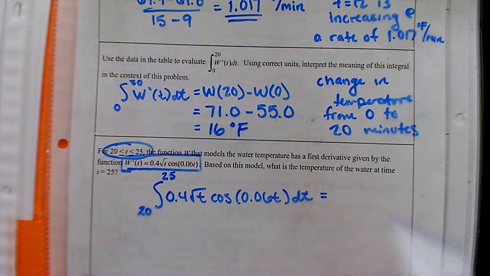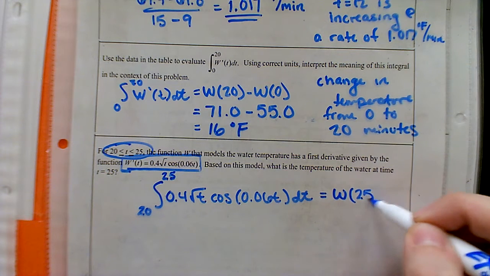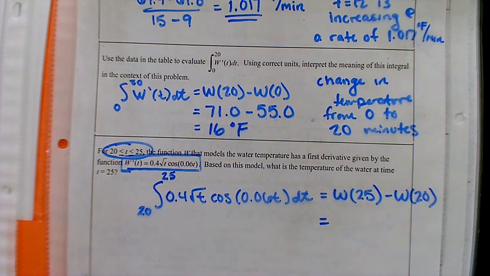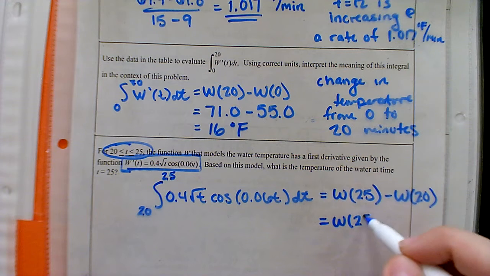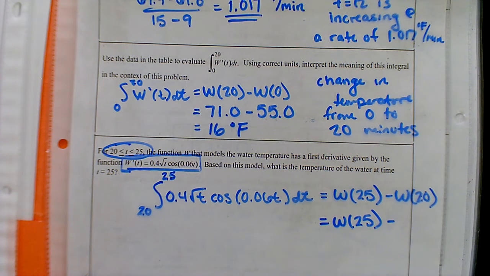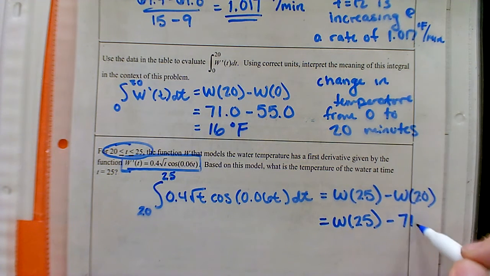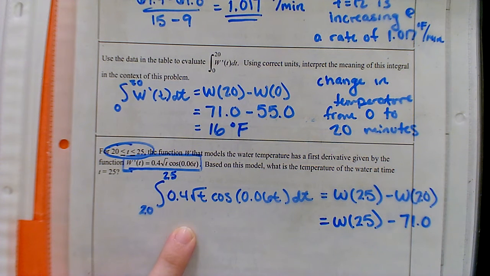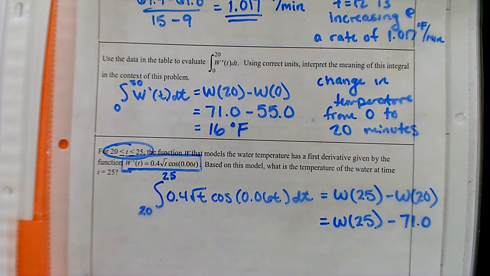Okay? So let's go ahead and figure this out. If you work backwards from W prime, we should get W. So top minus bottom, fundamental theorem. We're trying to figure out W of 25. Based off the table, we know W of 20, that was 71 degrees. How might you want to tackle this left-handed side? Do we have a graph of this function to calculate the area under?